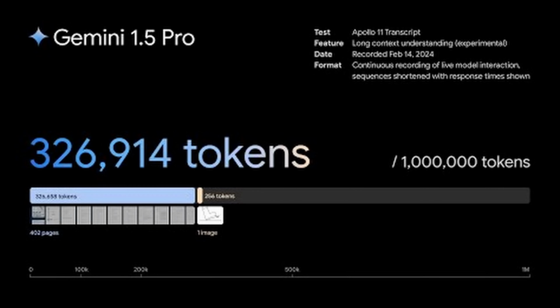Context window really is the number of tokens that a model can work with at any time. Gemini Pro had said 1 million tokens, which was about 700,000 words, almost like one book, right?